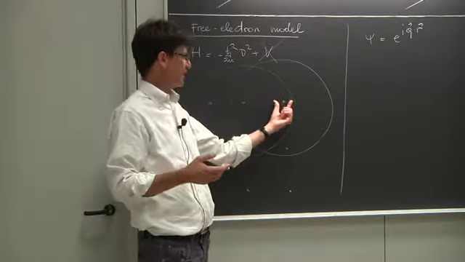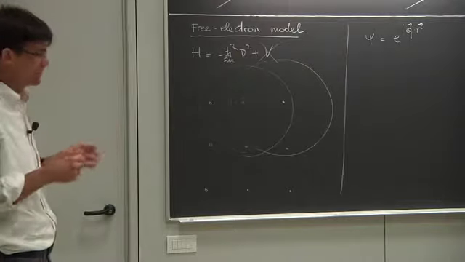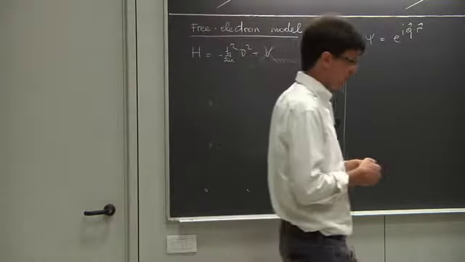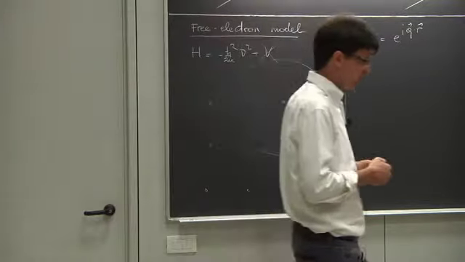These solutions don't even know that there is a crystal underneath, because if V is 0, the nuclei are completely decoupled. They're not even there in the picture. As far as the electrons are concerned, there is no need to introduce the presence of the nuclei if V is 0. Plane waves, period.